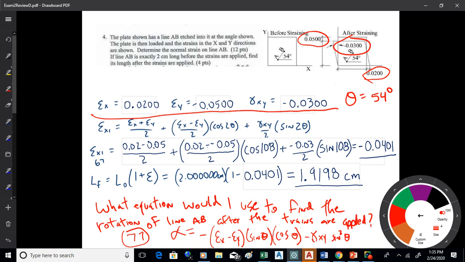You good? You got it? So that's some biaxial strain there.